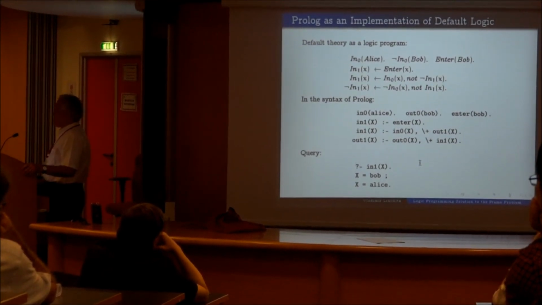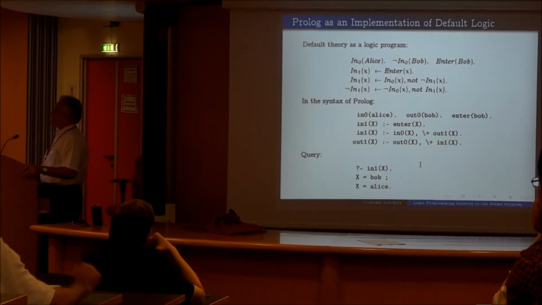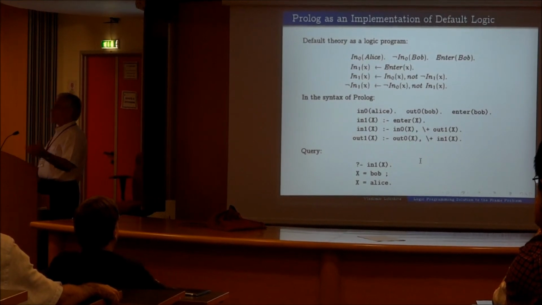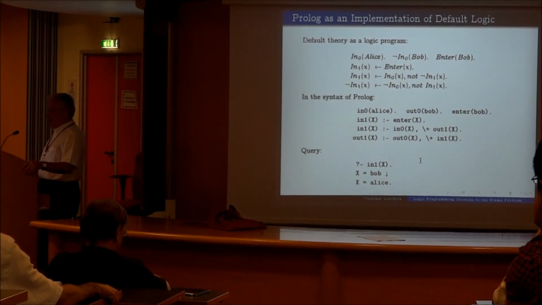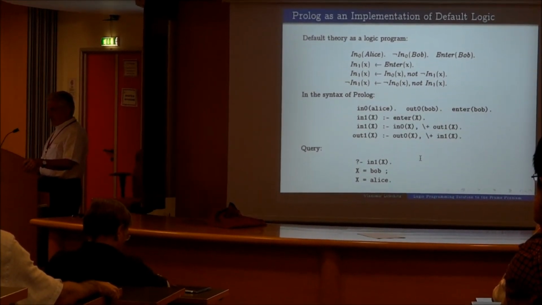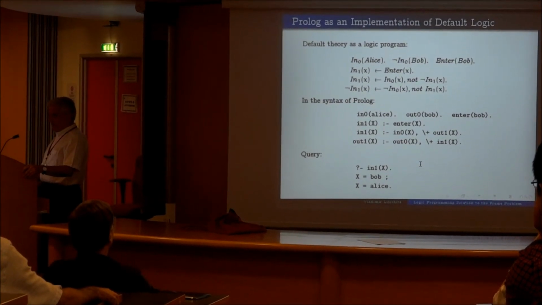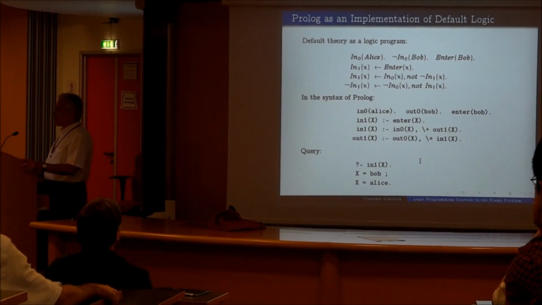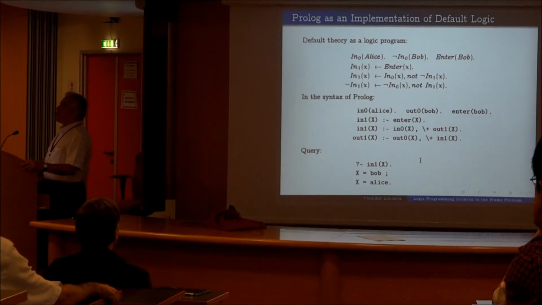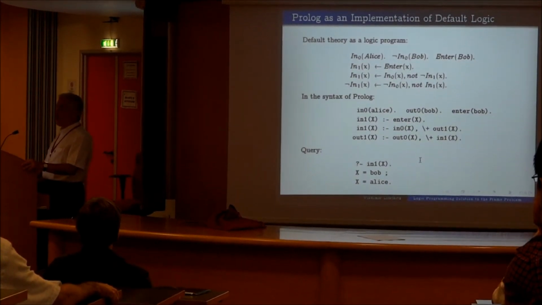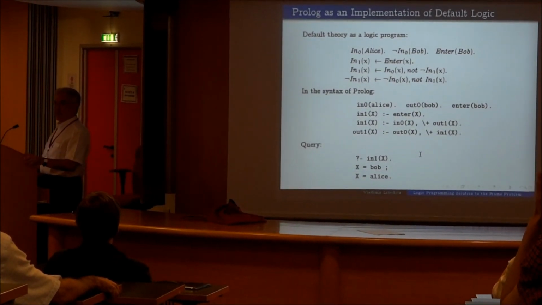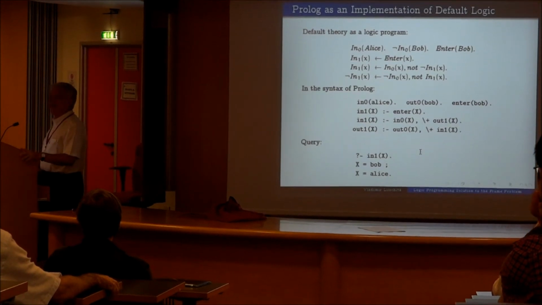And yet another reason why this work on reformulating default logic in terms of logic programming style rules was important is that it turned out that Prolog can be viewed as a very, very partial, but still partial, implementation of default logic.